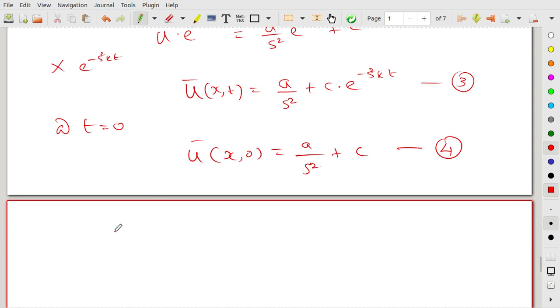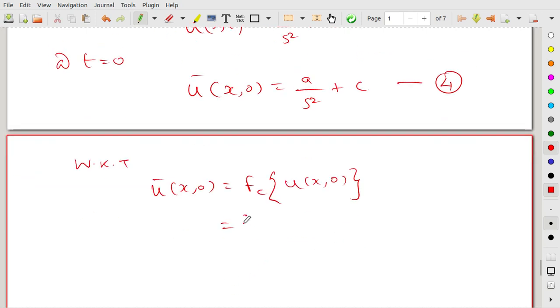And we know that u bar of x comma 0 is equal to, since u bar is nothing but the Fourier cosine transform of u of x comma 0, and the Fourier cosine transform is root 2 by pi integral 0 to infinity, u of x comma 0 cos sx dx.